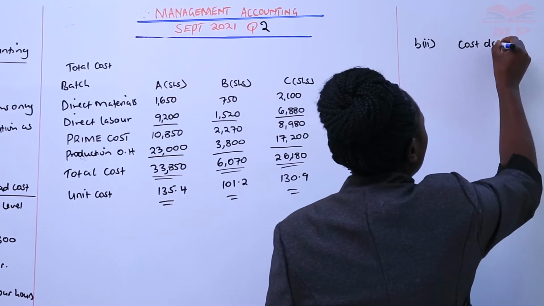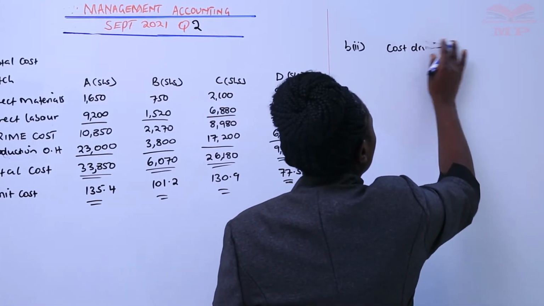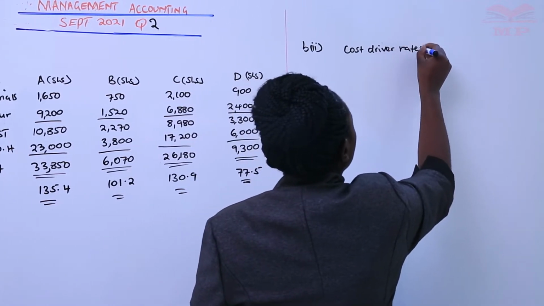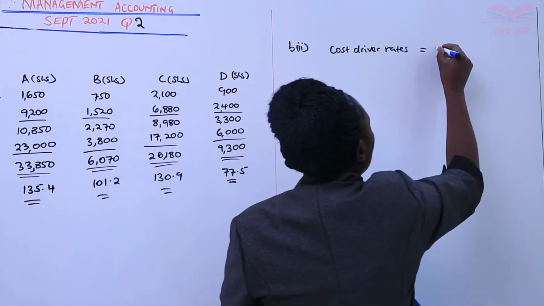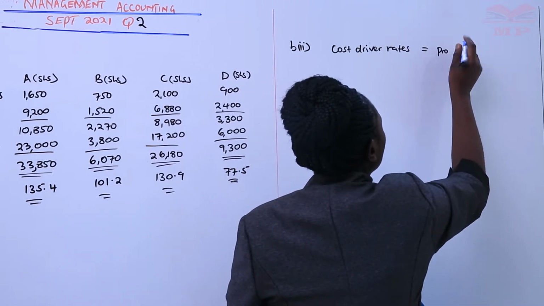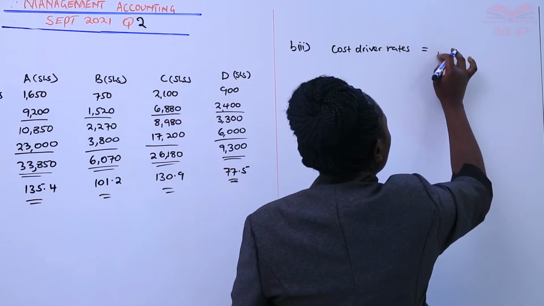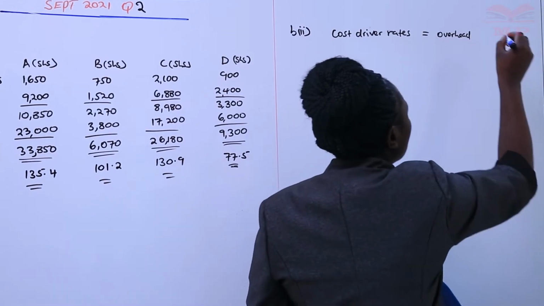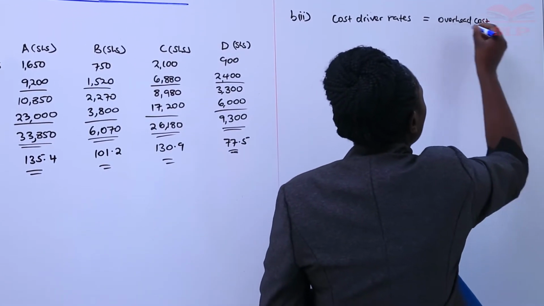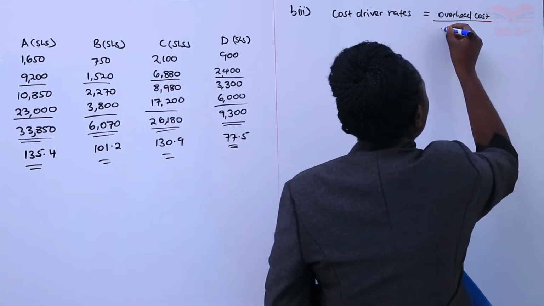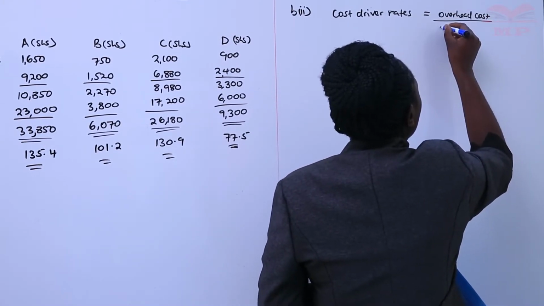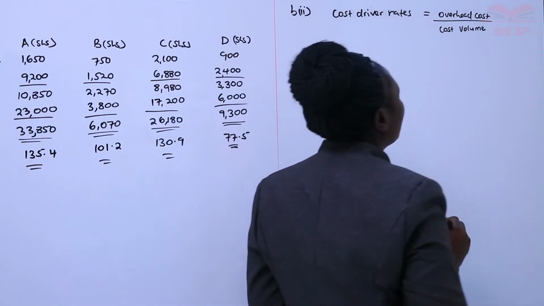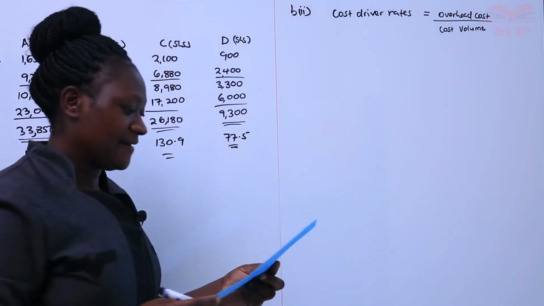Cost driver rate equals production overhead cost, or a budgeted overhead cost, and we divide this by the cost volume. That's what will give us the cost driver rate.